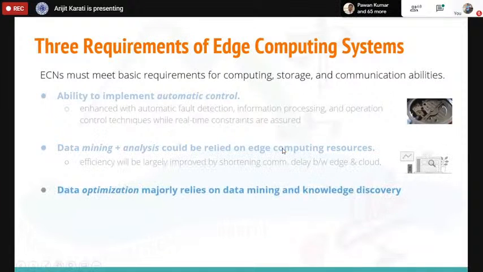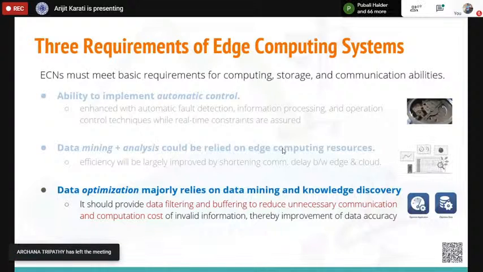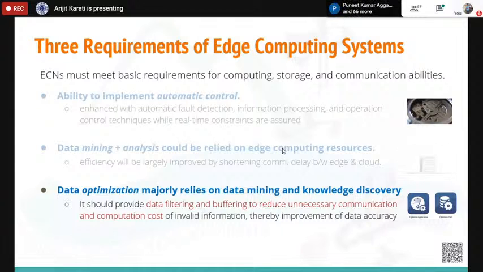And the last requirement is data optimization. The data optimization majorly relies on data mining and knowledge discovery, and specifically it should provide data filtering capabilities. That is very important, data filtering capabilities at the edge layer. So how can they perform the data filtering?